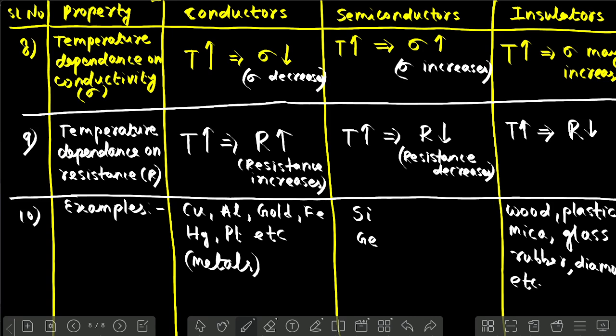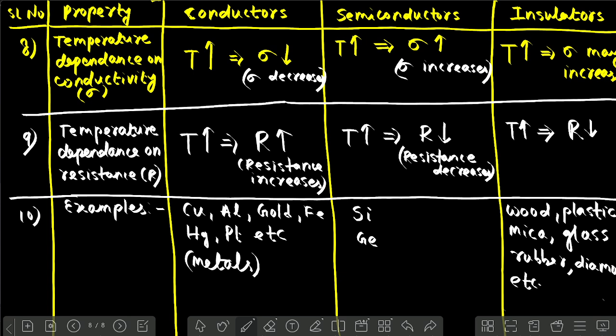Remember, silicon and germanium have 4 valence electrons and are semiconductors, but carbon is an insulator because it is very difficult to take an electron from the carbon atom. Whoever conducts electricity, you put in conductors. Yes or no?